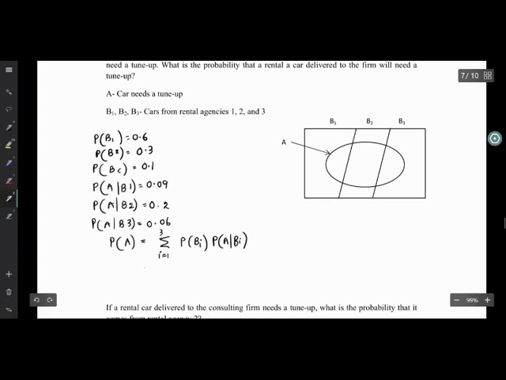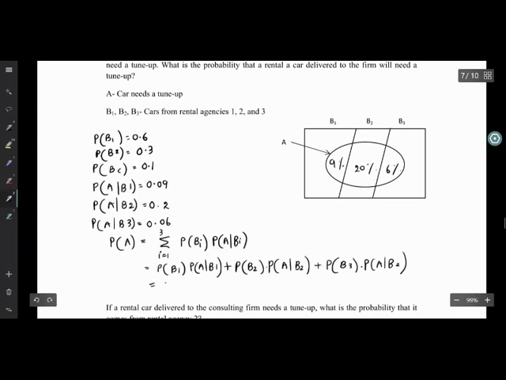So we have P(B1) times P(A given B1), plus P(B2) times P(A given B2), plus P(B3) times P(A given B3). So these are the 9%, 20%, 6%.